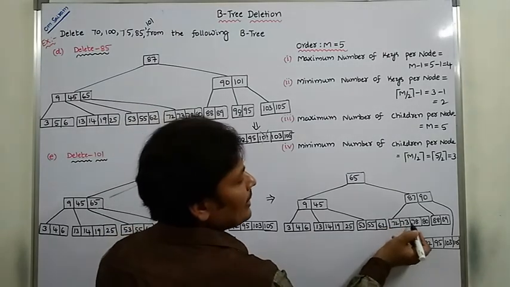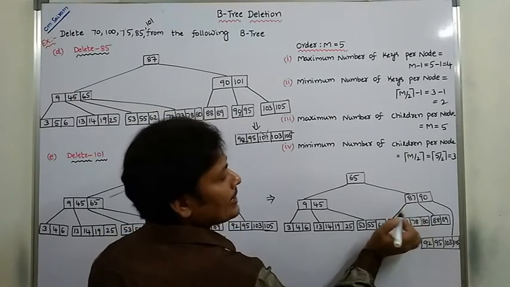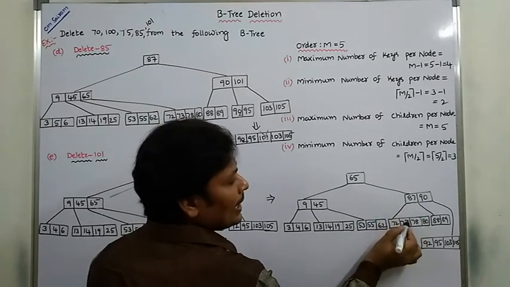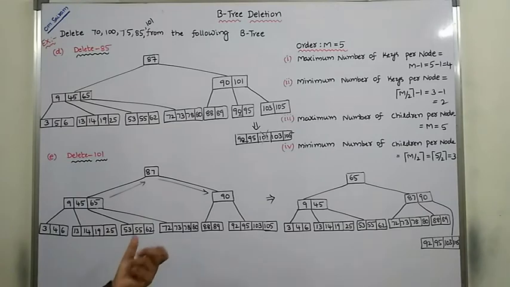So 72, 73, 78, 80 are less than 87, so 87's left subtree contains these elements. So these are the actions that can be done.